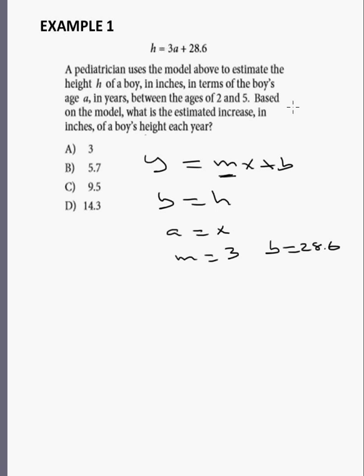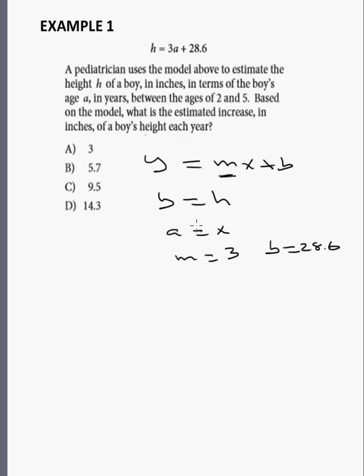So the question here is, based on the model, what is the estimated increase in inches of a boy's height each year? The question is asking you specifically for the slope of your linear model, and therefore your answer is A. I want you to remember this. Always you're going to get a question either on the slope or on the constant term.